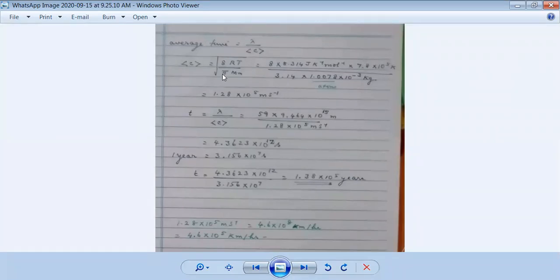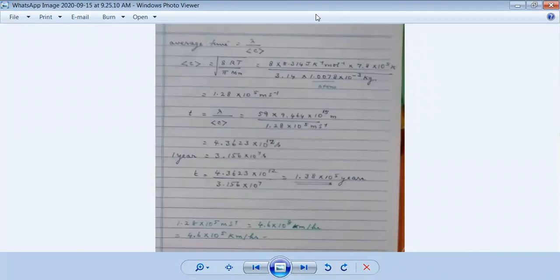Divided by the pi value 3.14 into 1.0078 into 10 power minus 3. Actually, the whole thing has to be taken square root. Power half you have to include. Actually, put a power half here.